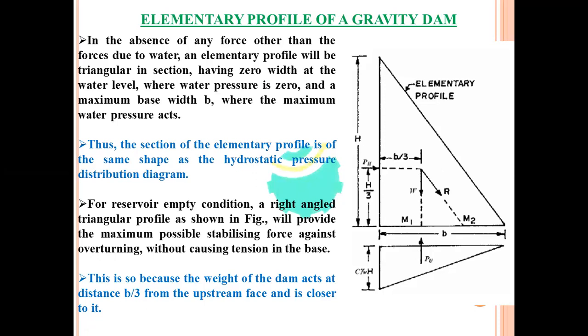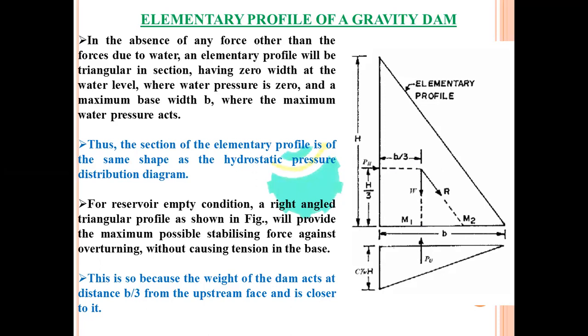Now we are assuming that the reservoir is empty, so there is no water force. Then the major force acting on the dam is the dam weight. So how will the dam be stable? The resultant force of the dam weight passes through the one third of the base of the dam from the upstream side.